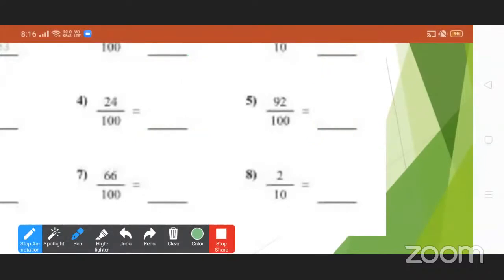Now see the seventh one, 66 upon 100. And its decimal form is 0.66. Very good. Now the eighth one is 2 upon 10. And its decimal form is 0.2. Okay, very good. So all answers are correct.